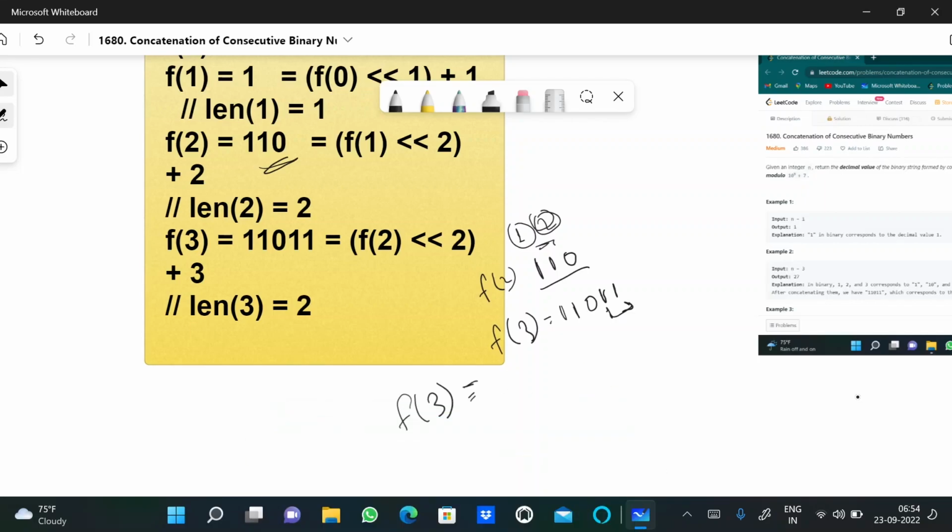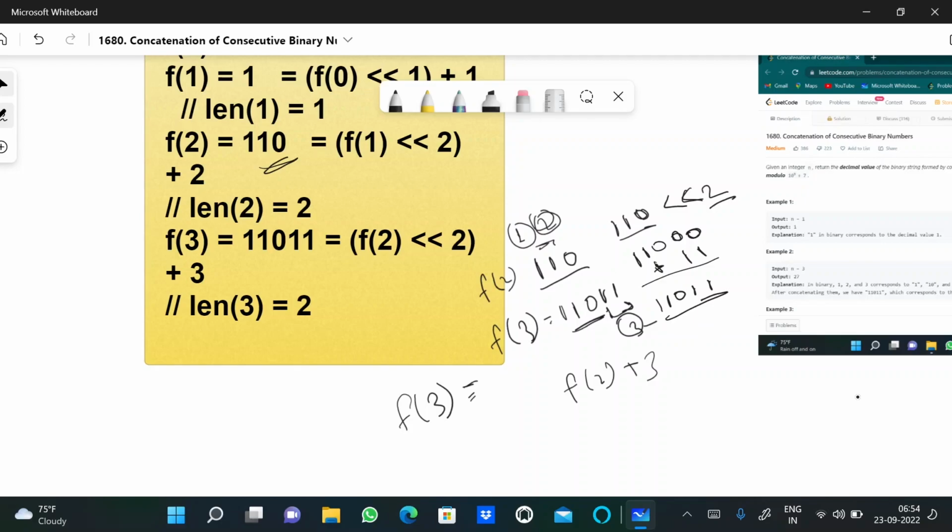So basically what we did, f2 plus f3. In f2 we just left shifted 2 digits, like 110. After left shifting 2 digits, it will be 11000, right? And if we add 3, that is 11, it will be 11011, our value, right?